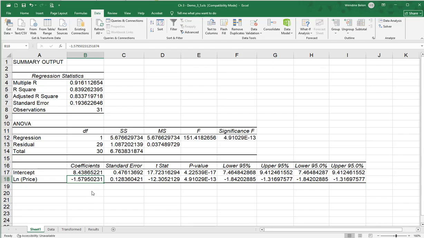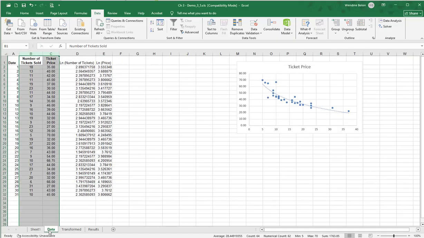So I know the approximate elasticity along that entire demand curve is about minus 1.6. Go back to the data and look at that. That's not going to have that same inelastic, elastic, unit-elastic relationship that we saw with the linear demand curve because of that curve associated with the relationship between price and quantity.